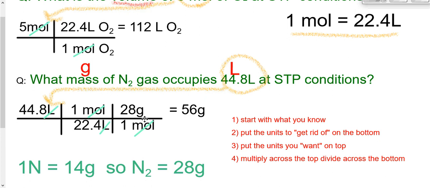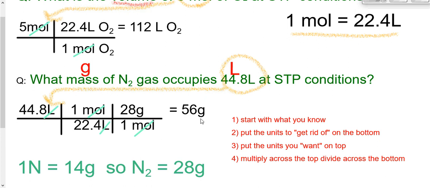So we can actually solve this entire line in one fell swoop. Multiply any numbers you find on the top of the line, hit divide before any numbers you find on the bottom of the line, and hit equals when you run out of numbers. So 44.8 times 28 divided by 22.4 gives us 56, and the units left over are grams.